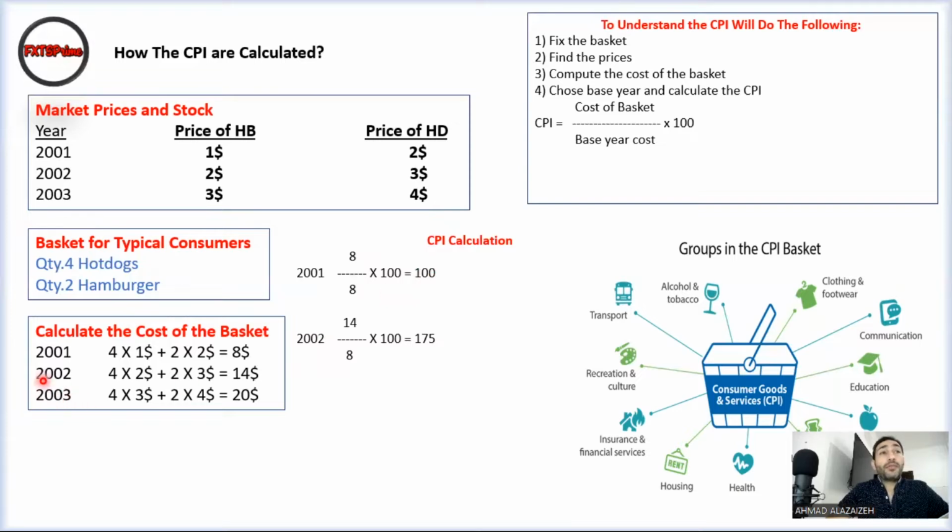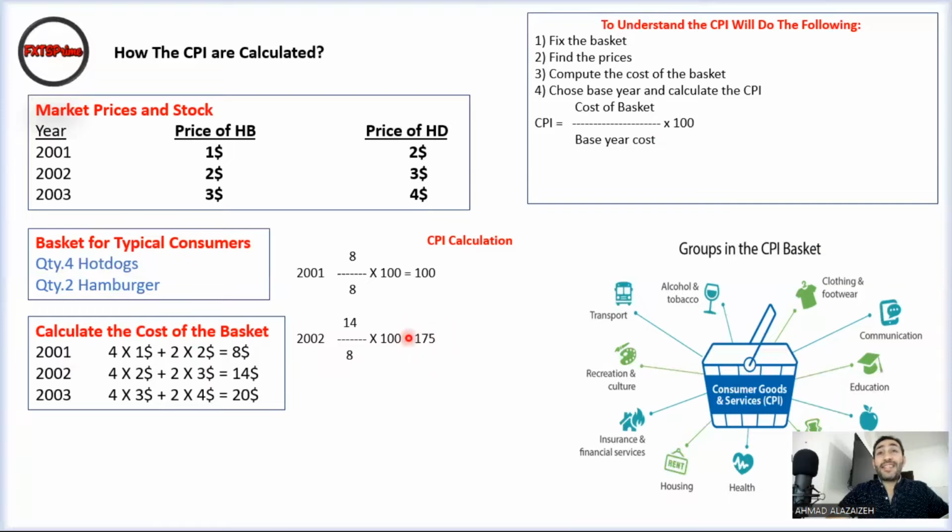If I take 2002 as the current year and 2001 as the base year and apply the formula again, the cost of the basket in the current year is 14, divided by the base year 2001, which is 8, multiplied by 100, which equals 175.